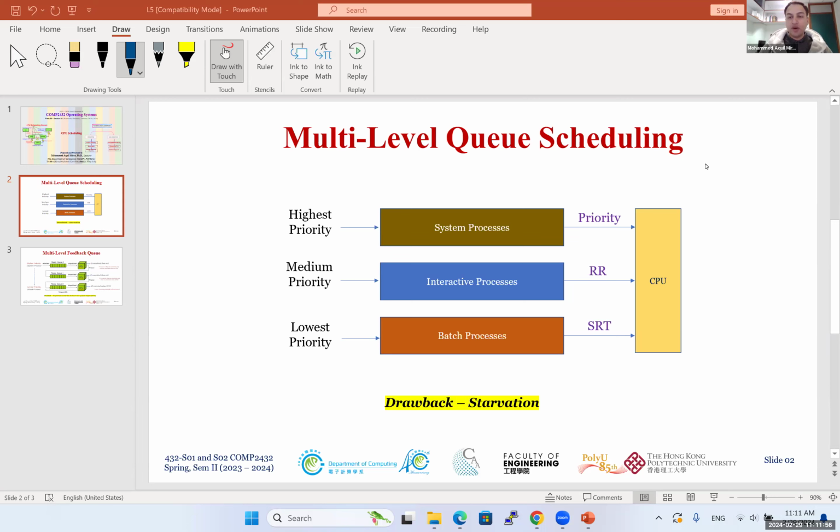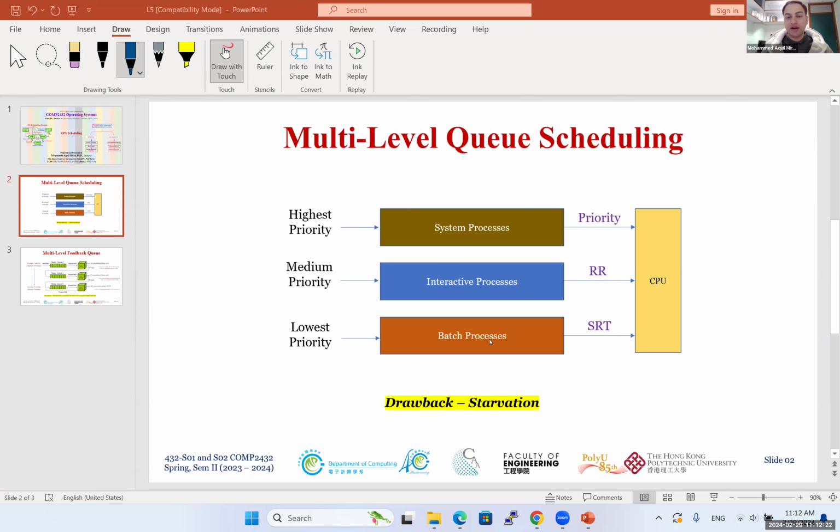So whenever you have different types of processes, we will also maintain different types of queues for processing these processes. So that means if we have any kind of a process that is generated from the system, we will try to put it in a system process queue. And if we have any process from the interactive process, we will try to put it in this interactive process queue.